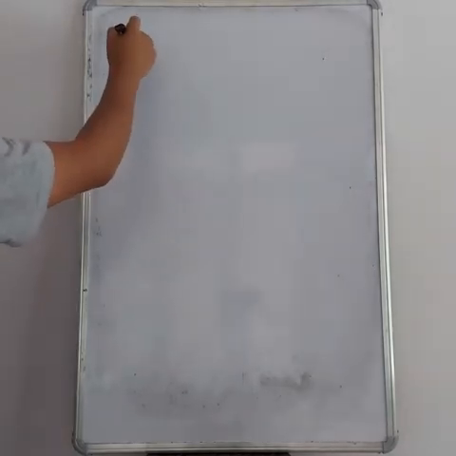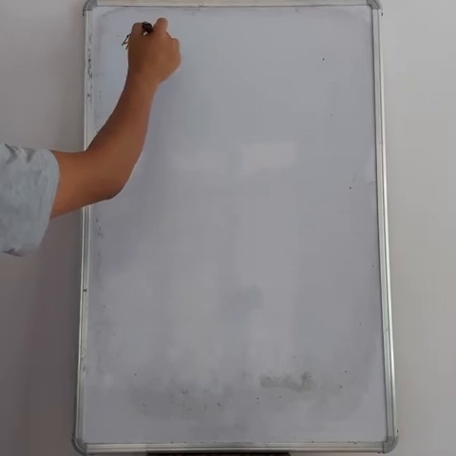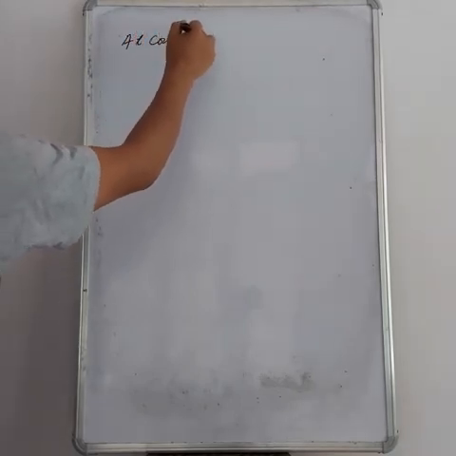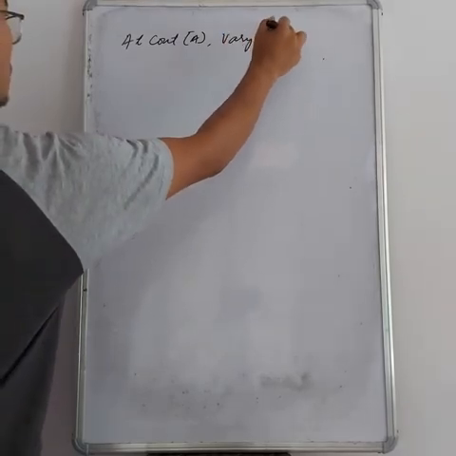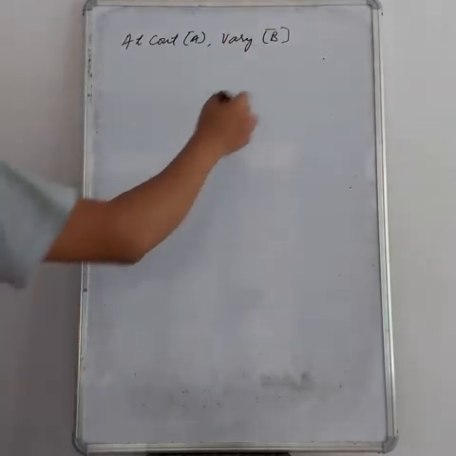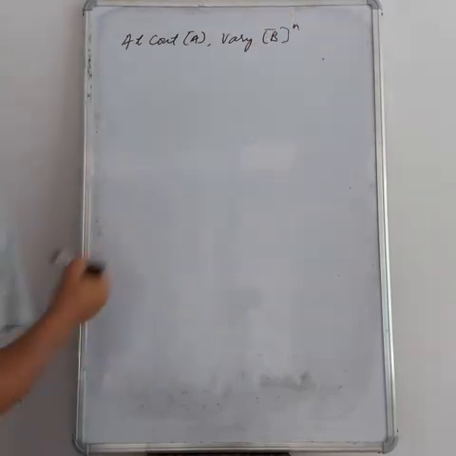And similarly, for getting the order of B, the concentration of B, we keep A constant and vary B to determine this n.